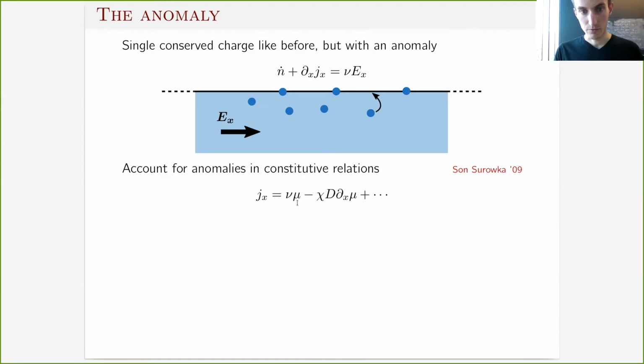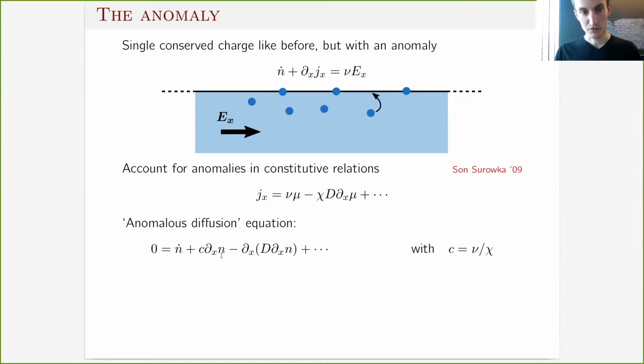And so it's going to have an important effect, right? Because it doesn't have any gradient. So we can again plug this equation into the continuity relation to get an equation of motion for charge. Instead of looking diffusive, now we see that there's a ballistic front. The speed of this front is related to the filling, but it's not universal. It also depends on microscopics through the charge susceptibility.